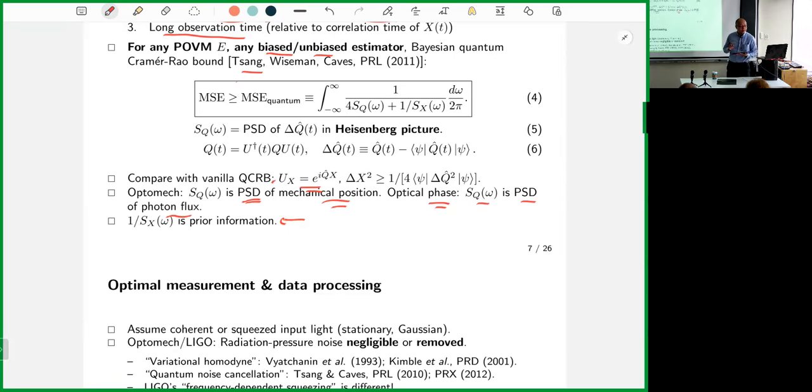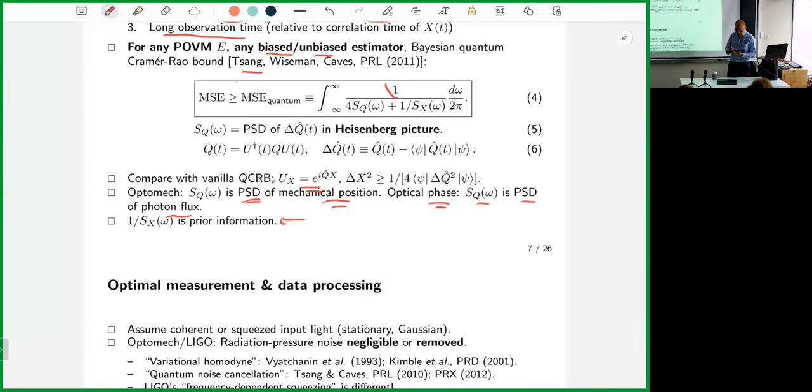Yes. So you're expressing kind of the mean squared error as an integral over the spectrum. Is it also fair to say that if you're only caring about estimating one frequency component of the waveform, the bound is the same without the integral? It's a great question.